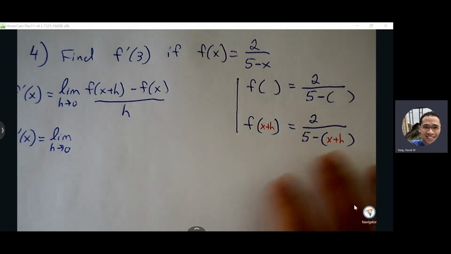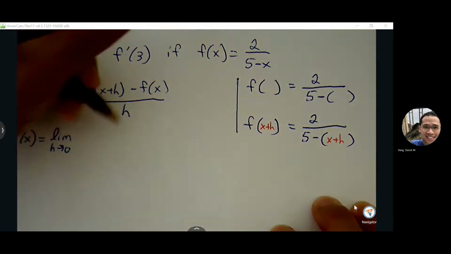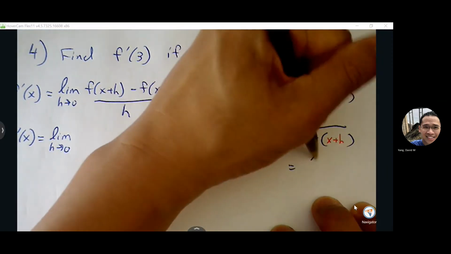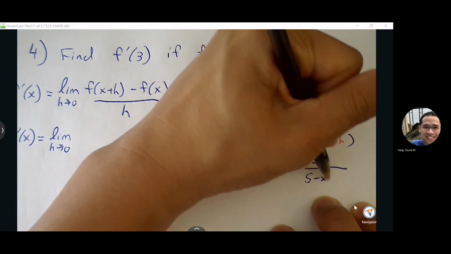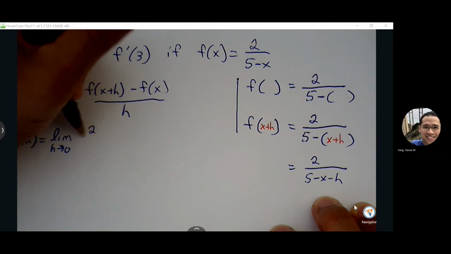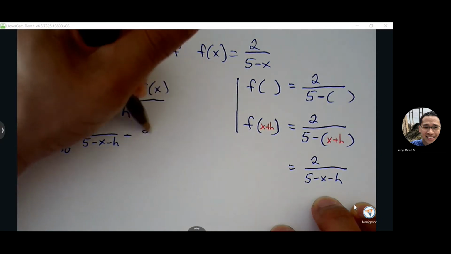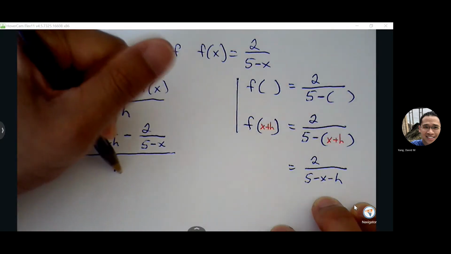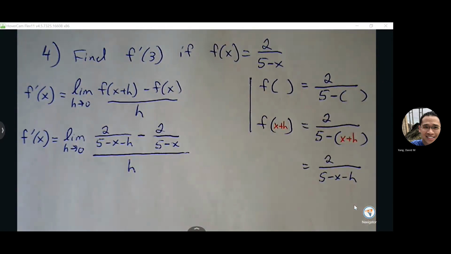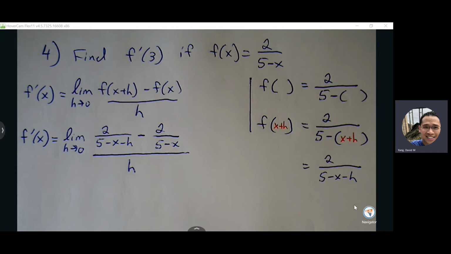So now we have a perfect substitution for f of x plus h. I'm going to go ahead and distribute the negative through. Okay, replace all the h's with 0. We get 2 over 5 minus x minus 2 over 5 minus x. That's 0 over 0. This is a common denominator complex fraction problem.